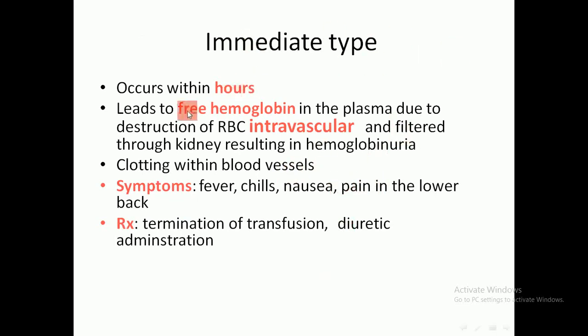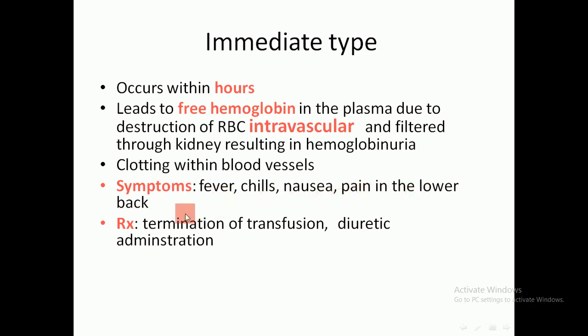And this reaction occurs within hours after a blood transfusion, leading to free hemoglobin in the plasma due to intravascular destruction of the RBCs. This is very important, destruction of the RBCs intravascularly. And this hemoglobin is filtered through the kidney, resulting in hemoglobinuria, and there is clotting within the blood vessels.